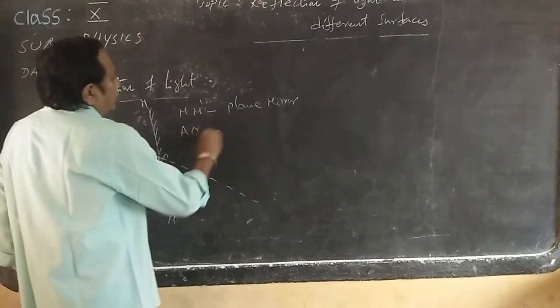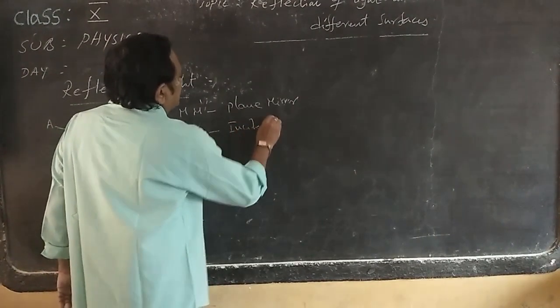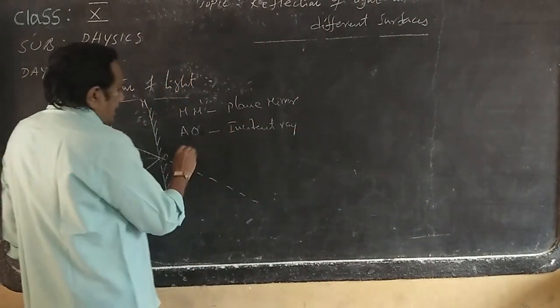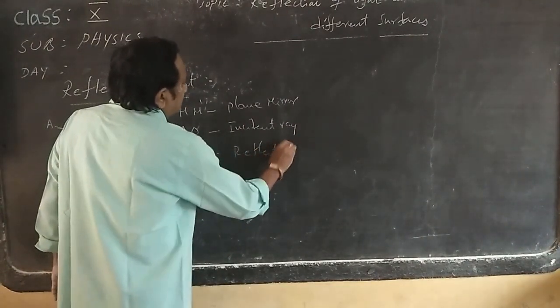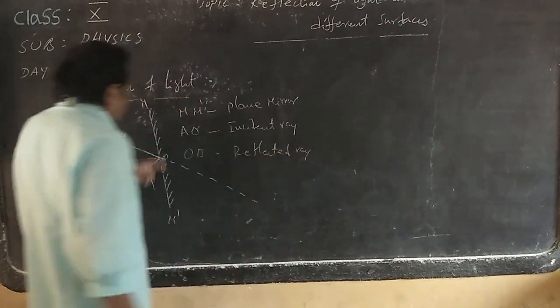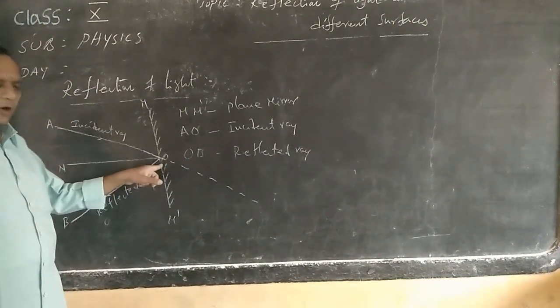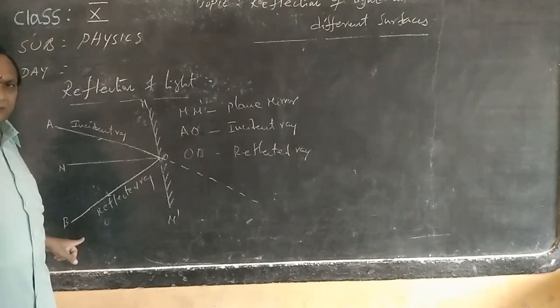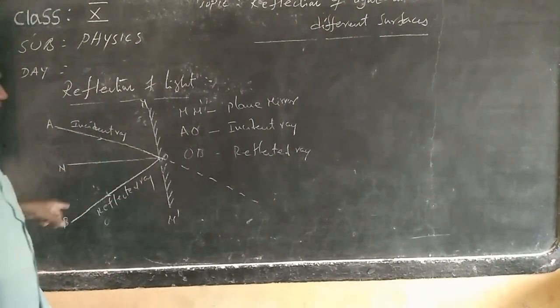From there, AO is said to be the incident ray, and OB is said to be the reflected ray. Reflected ray means it bounces back. When the incident ray touches this plane surface, it bounces back and comes back again. Such a ray we call the reflected ray, a very important property of light.